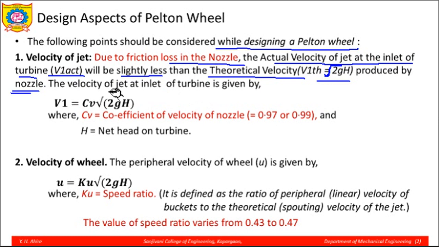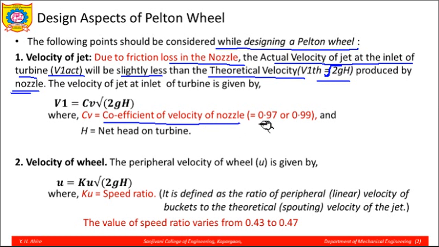So the actual velocity of jet at the inlet of turbine is given by the formula V1 equal to Cv into square root of 2 into g into h. Here Cv means the coefficient of velocity for the nozzle, and this term will take into account the frictional loss that occurs only in the nozzle.